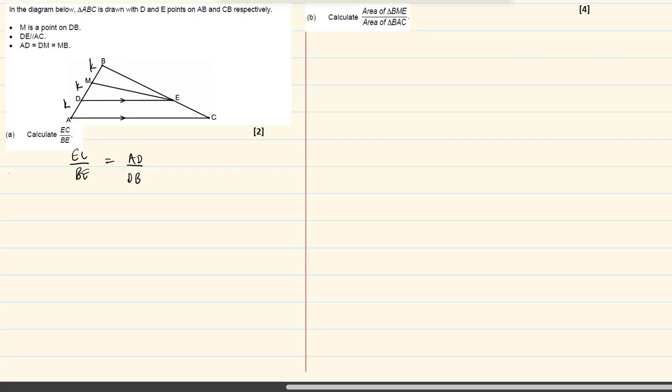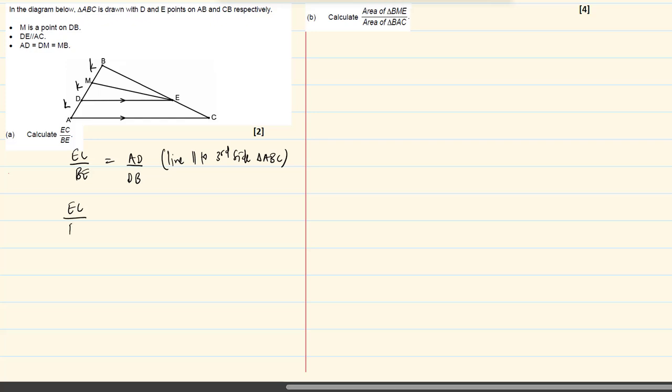We need to give a reason for that: it's because of a line that is parallel to the third side of triangle ABC. Once we have that, it should be downhill.